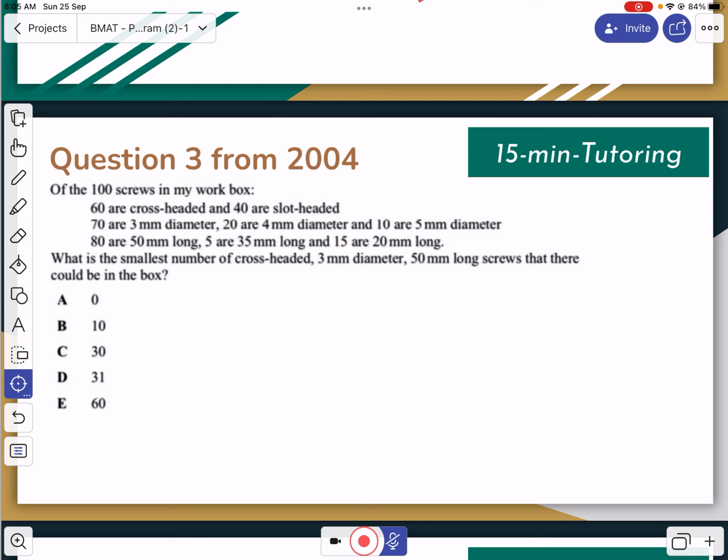And the question asks, what is the smallest number of cross-headed, 3 mm, 50 mm screws that there could be in the box?